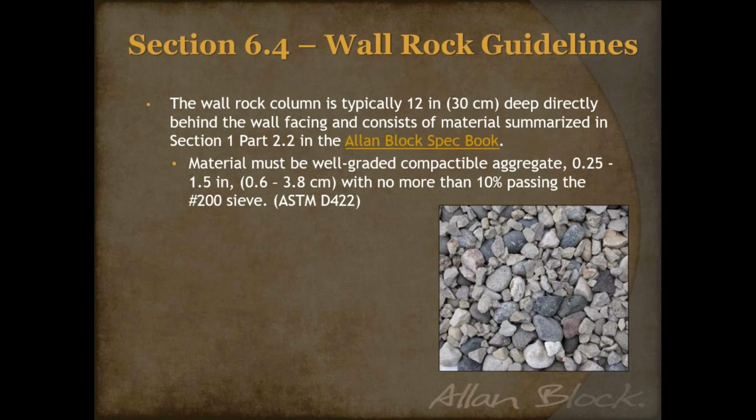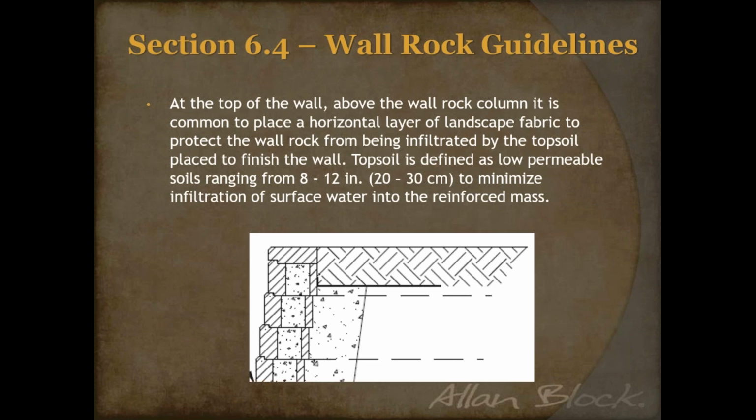So what we do at Allen Block, we've got a general spec for it. It's a 1/4 inch to 1.5 inches particle size, or basically 0.6 to 3.8 centimeters, with no more than 10% passing the number 200 sieve, or fine material, which means it's a washed stone. We know that at least we have to have it 12 inches behind the wall here.